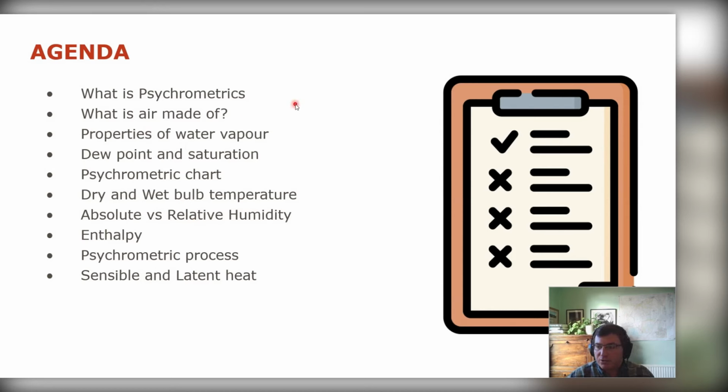What we would hope to get across is what psychrometrics is, why it's important in general, how to work with a psychrometric chart or a software version of a psychrometric chart, and how you apply it specifically to heating, ventilation, air conditioning needs. Now, you may be coming from different areas of heating, ventilation, air conditioning.